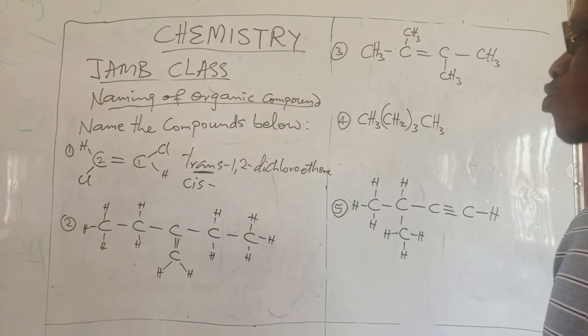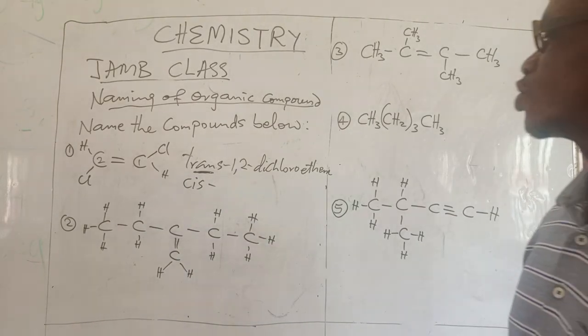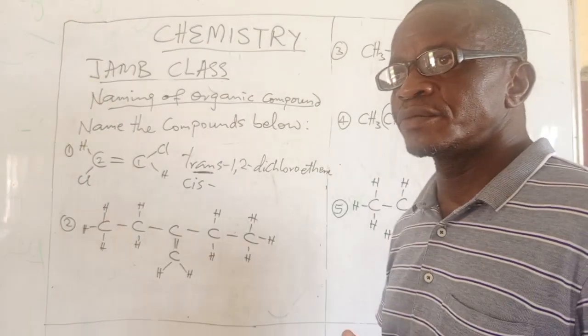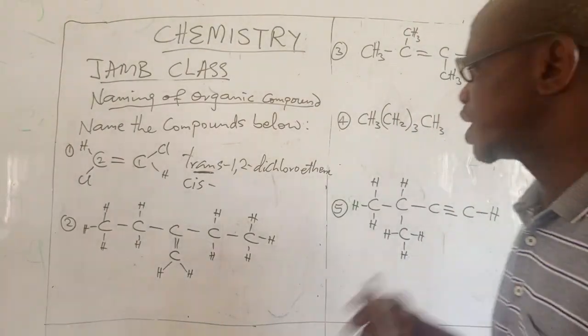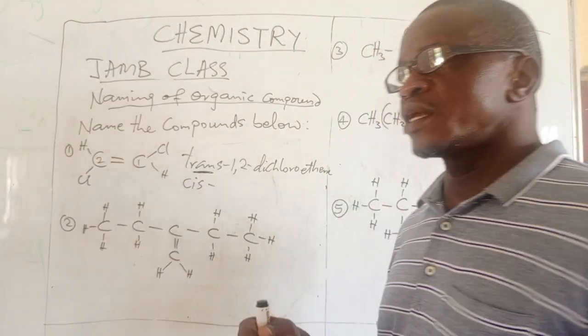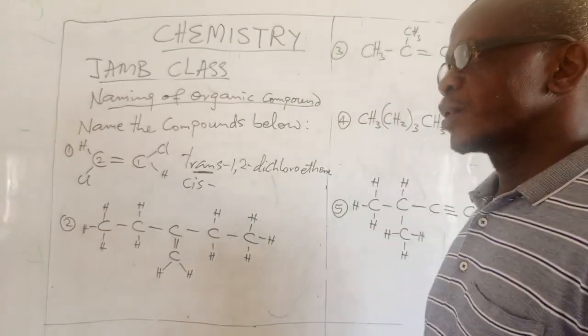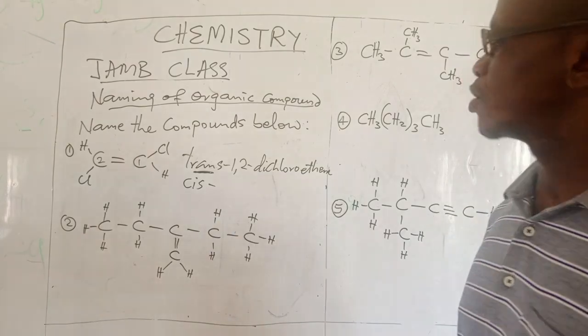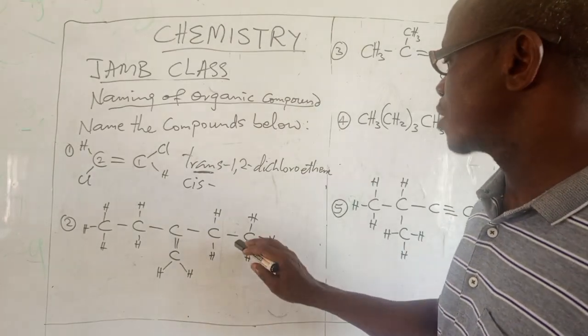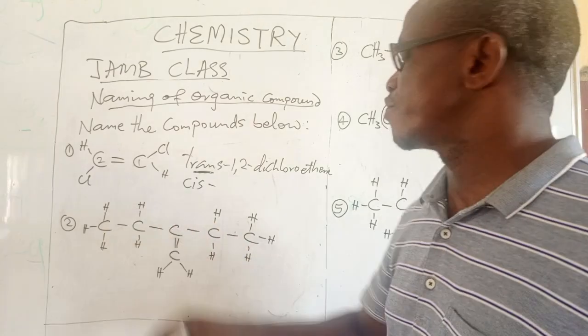Let's go to the second one. The second one, look for the longest chain, the longest hydrocarbon chain, as I told you, and then check the functional group, and then number the carbon atoms. So looking at the longest chain, you may count 1, 2, 3, 4, 5. You are wrong.